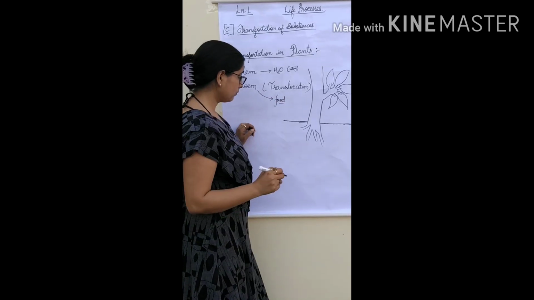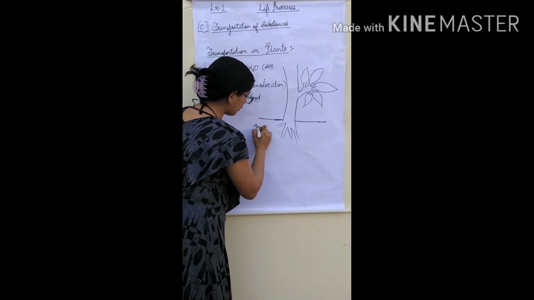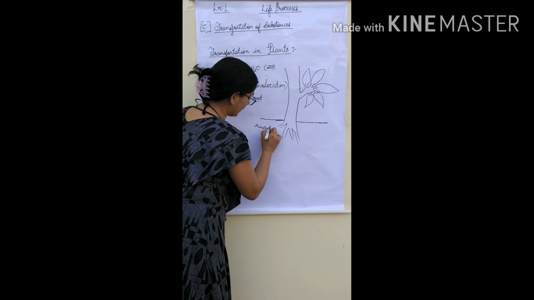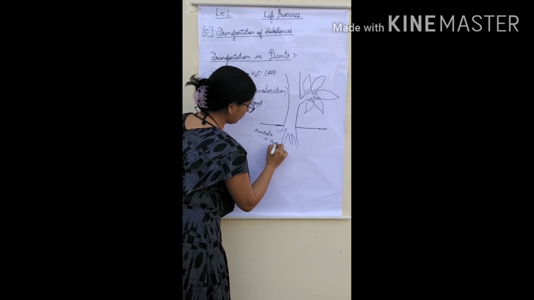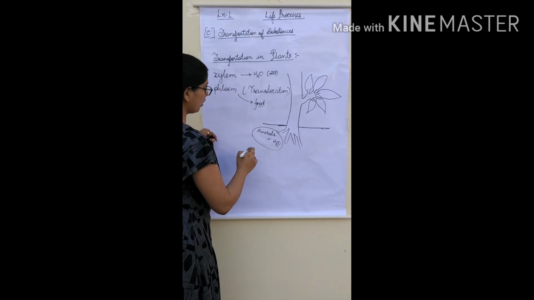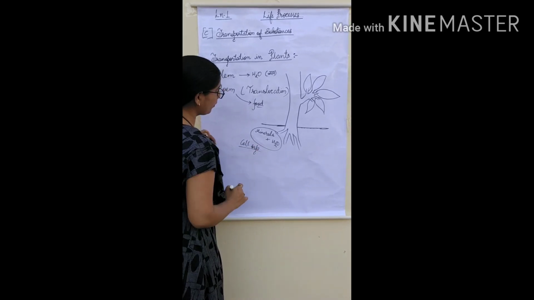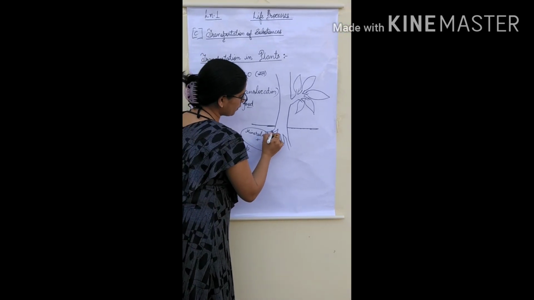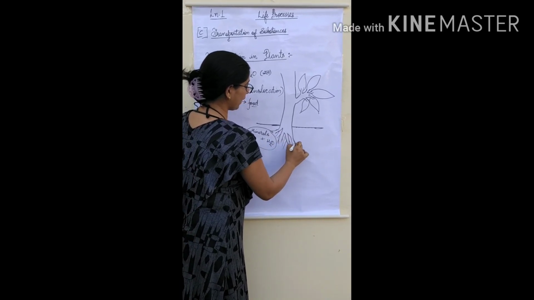Here, from the soil, you know that soils are rich in minerals, and the soils contain water. So the combination of minerals and water is called cell sap. And this sap diffuses through the root hairs and reaches the roots of the plant.